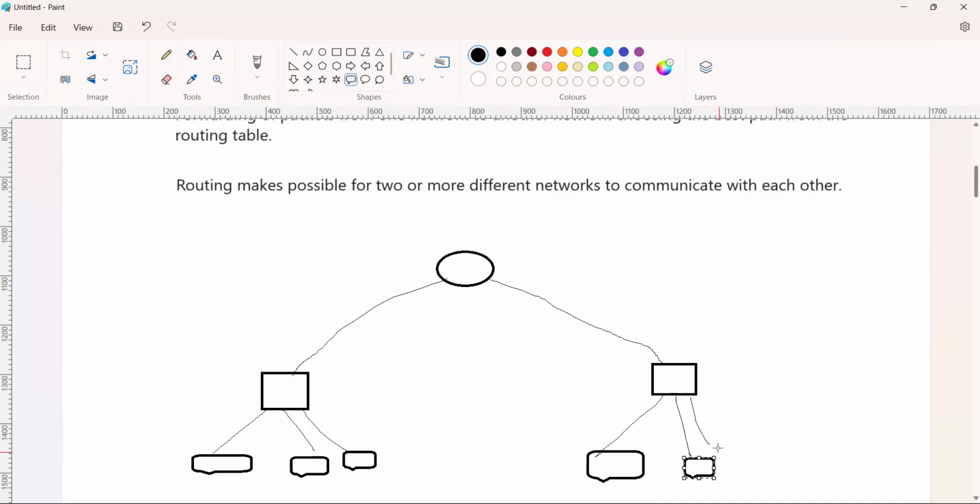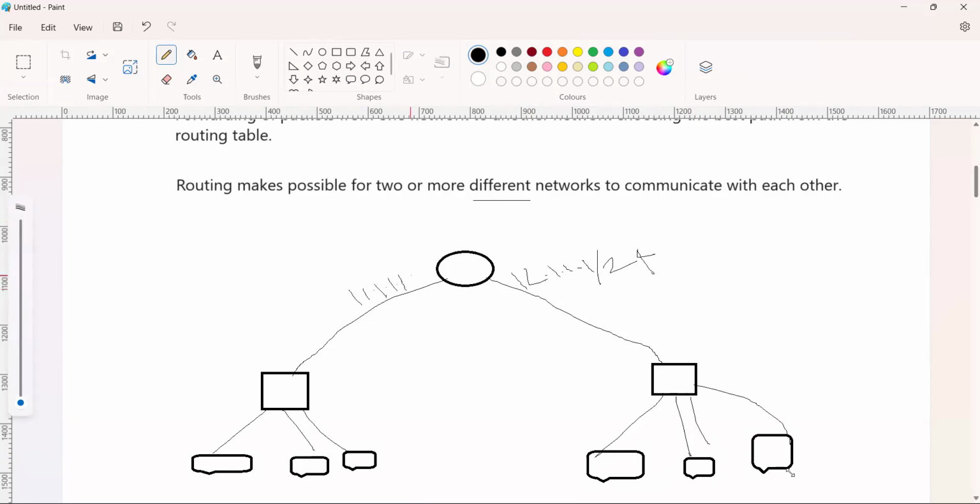So basically, what will happen? Definitely we will use different networks here. For example, it's 12.1.1.1/24, and this one you can assume is 11.1.1.1/24.